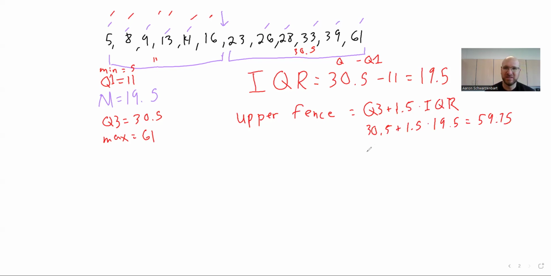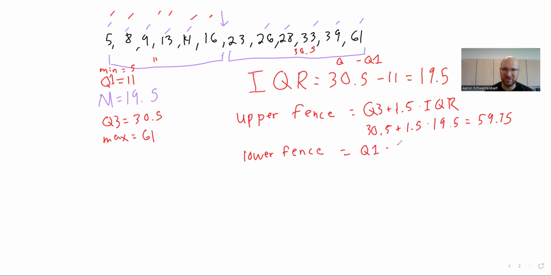Okay. 61 is an outlier. It's further from the middle than 59.75. The lower fence, same idea, but I'm now going out from Q1.